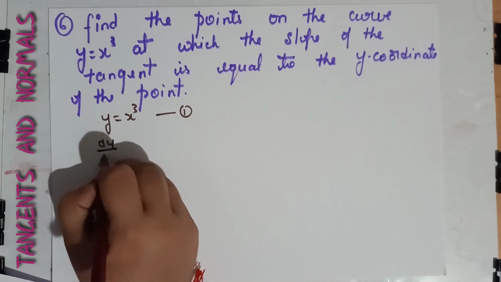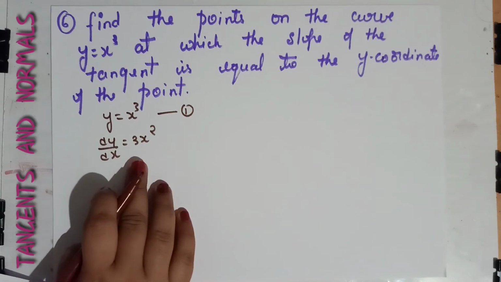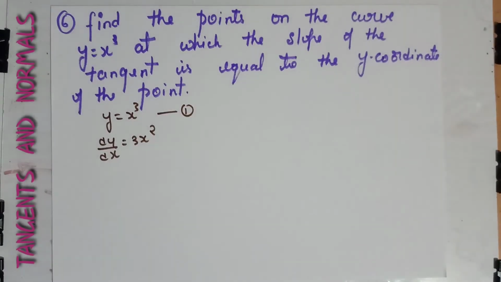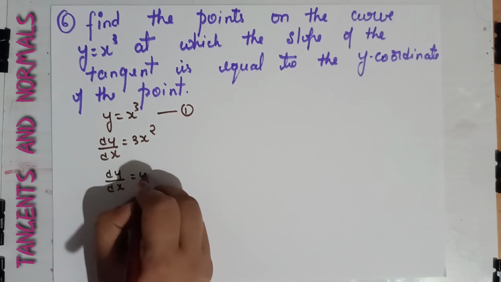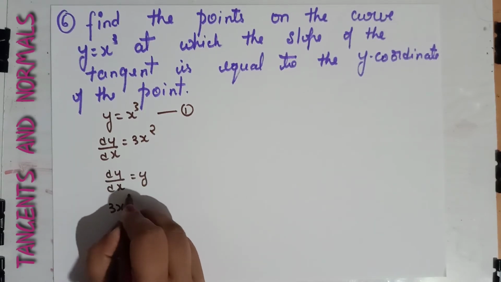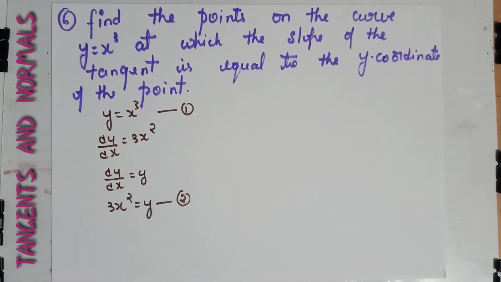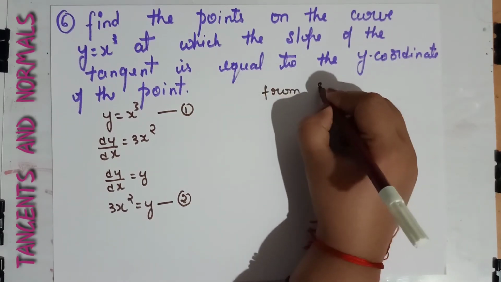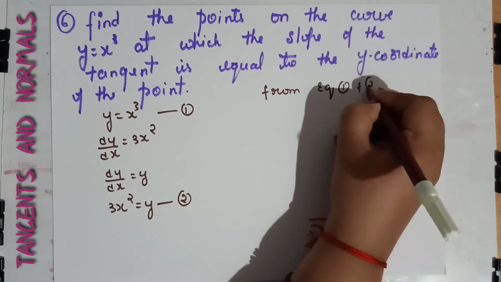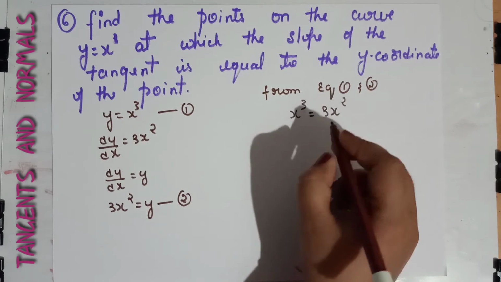So dy by dx is equal to 3x square. So 3x square will be the slope of a tangent, and also it is mentioned in the question that the slope of a tangent is equal to y coordinate. That means dy by dx is equal to y, that is 3x square will be equal to y. So let us consider this as equation 2. So from equation 1 and 2, I can say x cube is equal to 3x square.